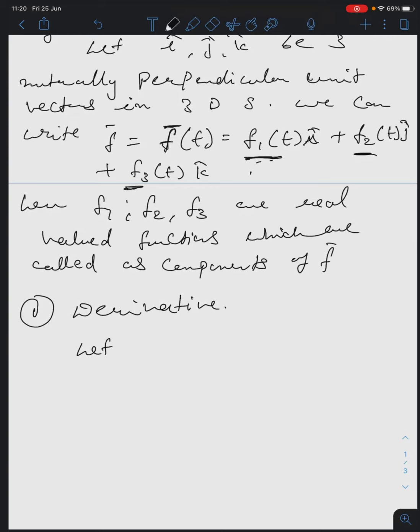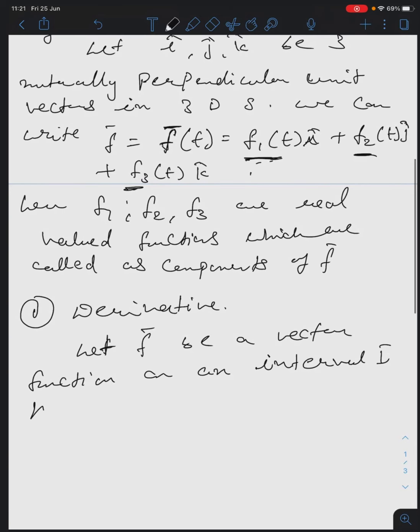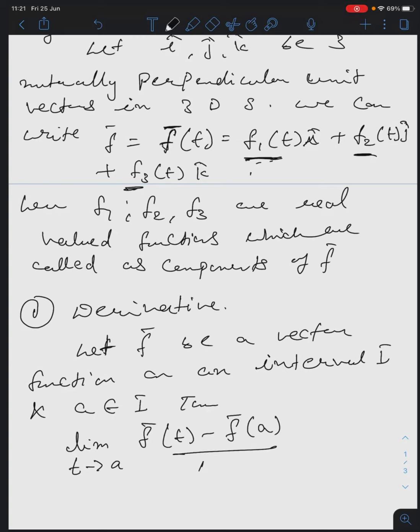Let F bar be a vector function on an interval I, and suppose a point A belongs to I. Then consider the limit as T tends to A of F bar of T minus F bar of A, divided by T minus A. Is it not the same definition as for a real valued function?